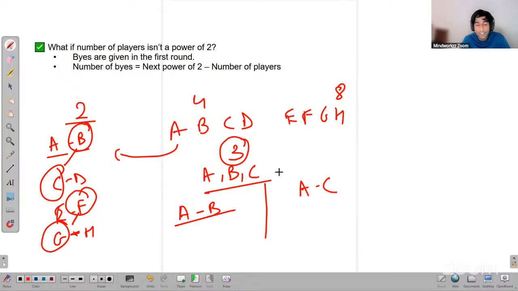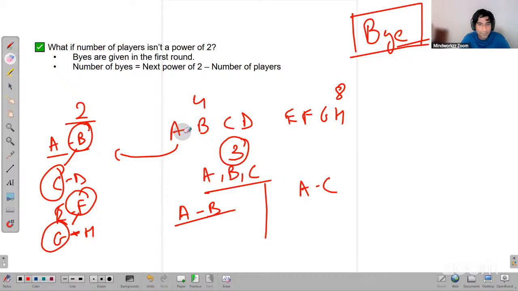In that situation, whenever you're given a situation like this, you have to introduce something which is known as a bye. A bye is that you are giving a person a free win to the next round. That is the concept of a bye.